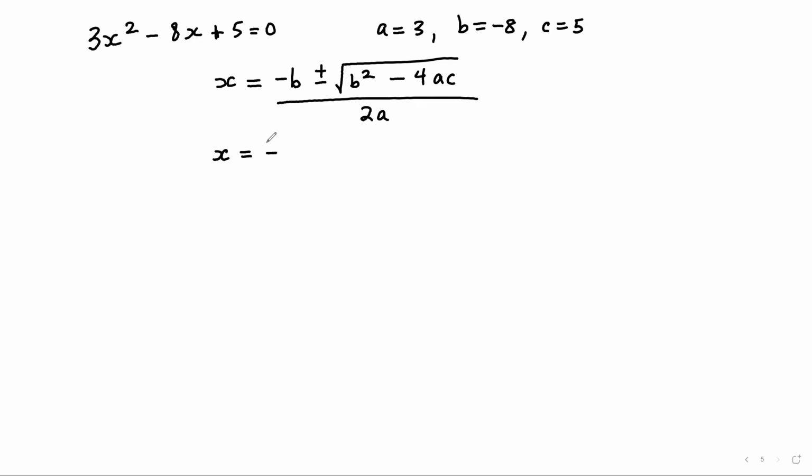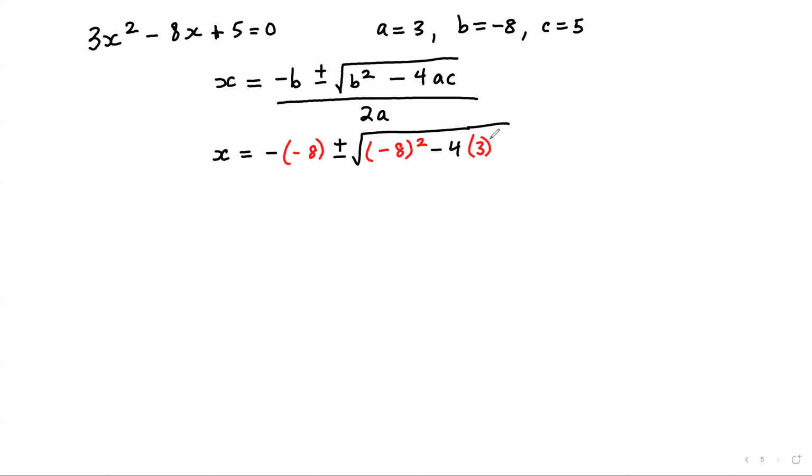So B would be -8, so it'll be minus 8, plus or minus the square root of -8 squared, and then minus 4 times A, which is 3, and C, which is 5.